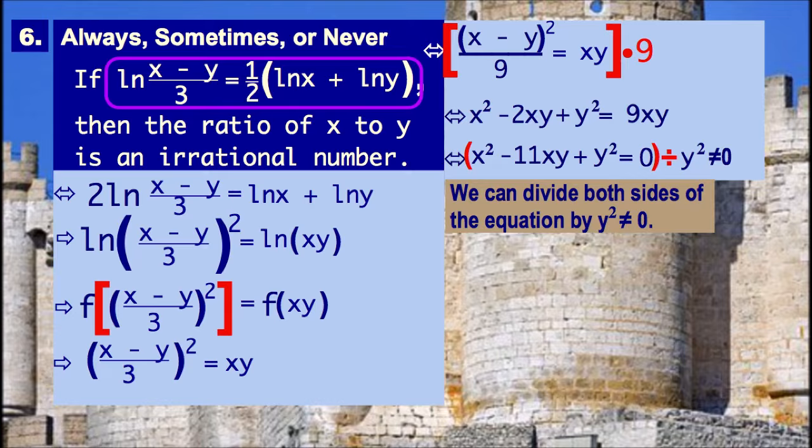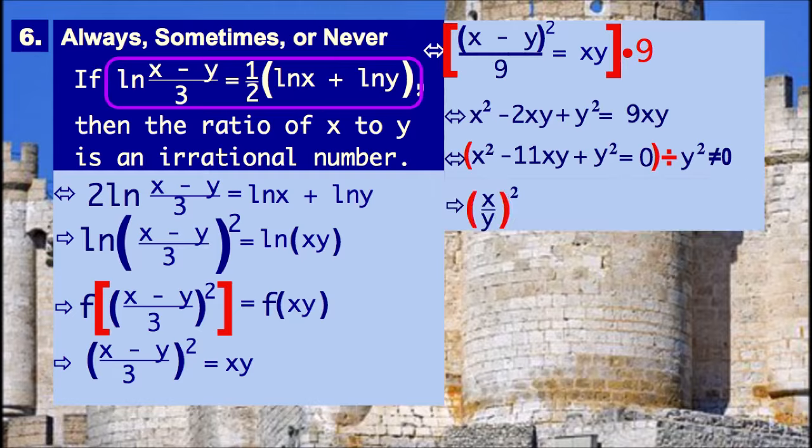We can divide both sides of the equation by y squared, which does not equal 0. Thus, (x over y) squared minus 11 times x over y plus 1 equals 0.